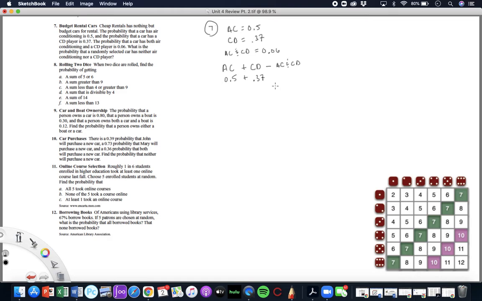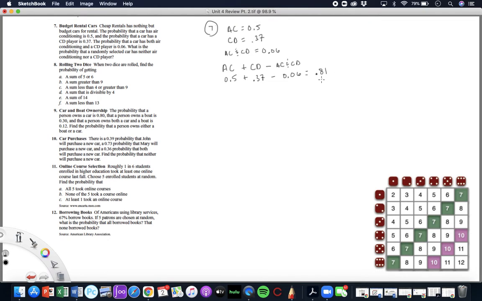Minus 0.06. So we have AC, CD, and those are also being counted within that one as well. So if we go across here and add it all up, we get 0.81. So that's the probability that it has AC or a CD player, and again, we subtracted the overlap.